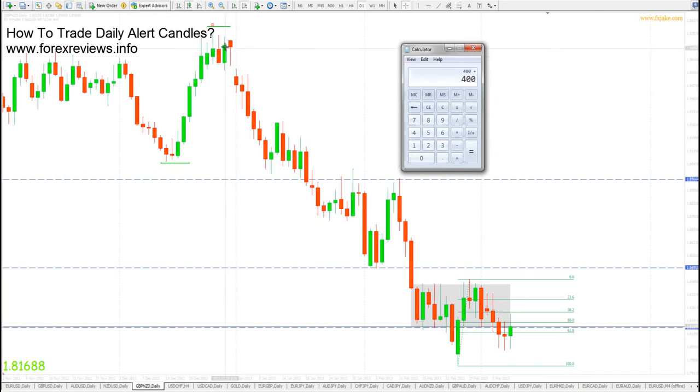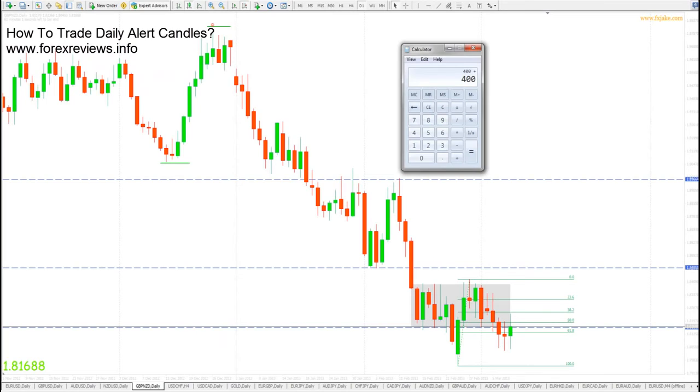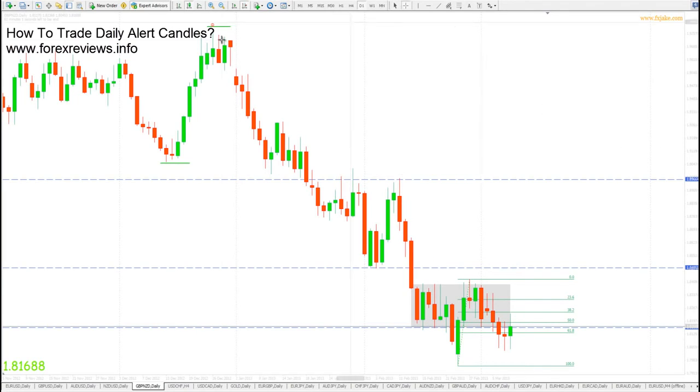And so we're in a bit of negative territory for now. But then the market actually did sell off. So this was a risk of about 200 pips on this trade. So you're going to be risking more on the GBP New Zealand, but you're going to be getting much more wins when it goes your way. So here we go. I'll ride this down to the next alert candle, that's at 480 pips.